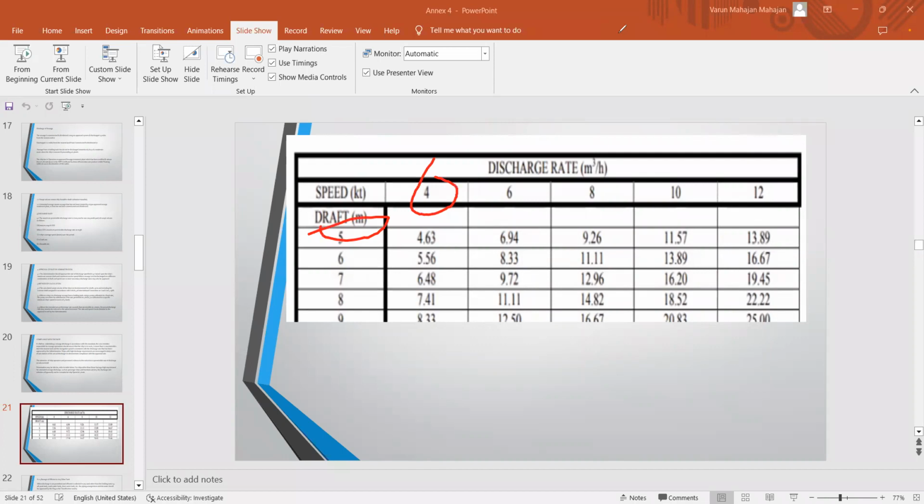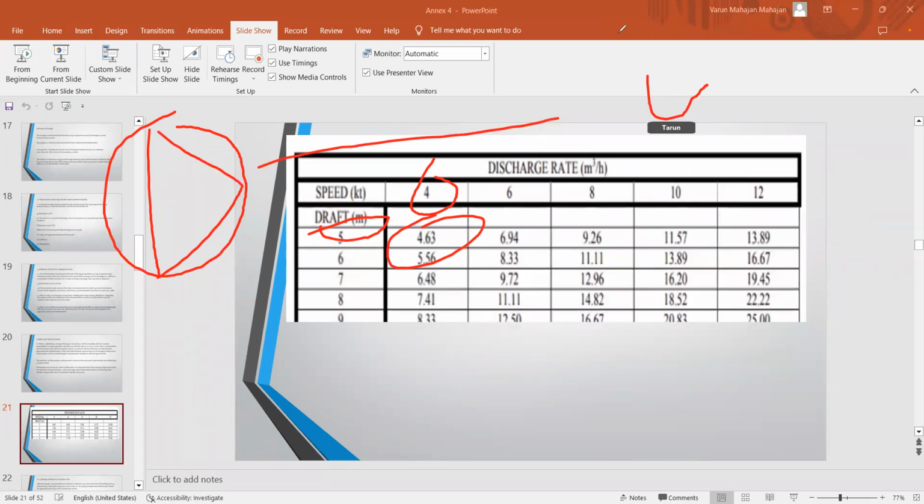So now your discharge rate is coming to 4.6. On some ships it might be possible they have put a pump with a maximum capacity, right? Yes, sir. So they have put a pump of 4.5 meter cube per hour.